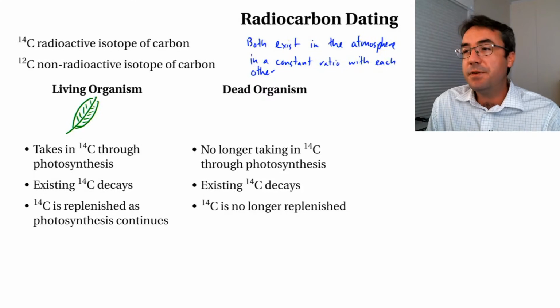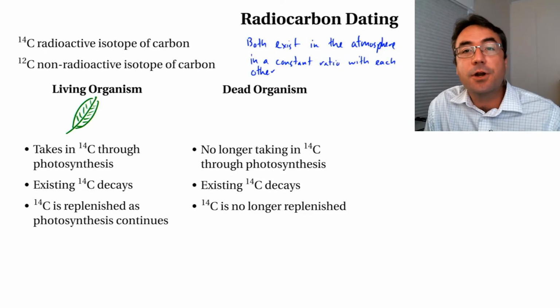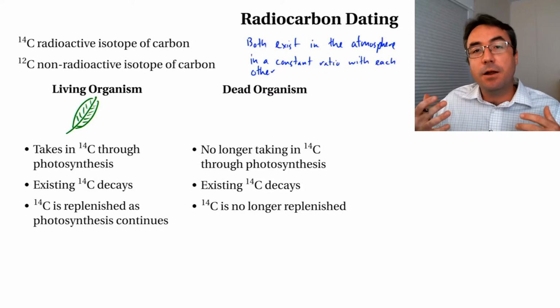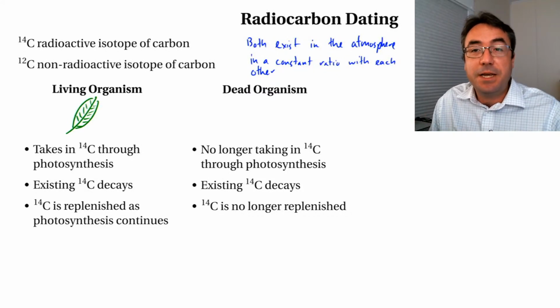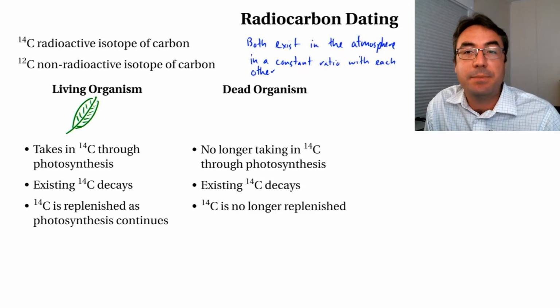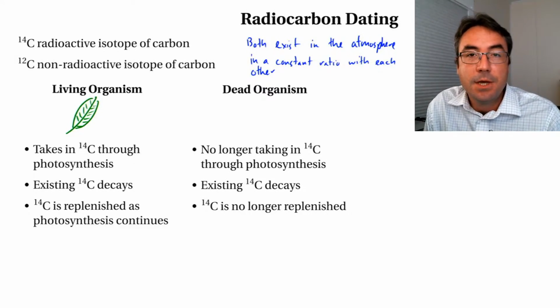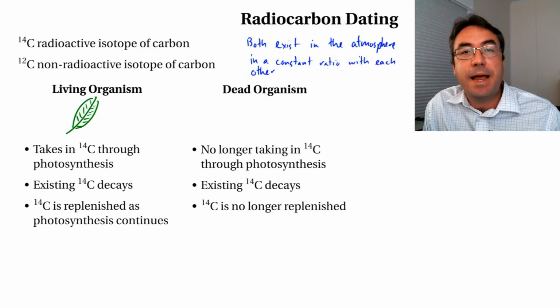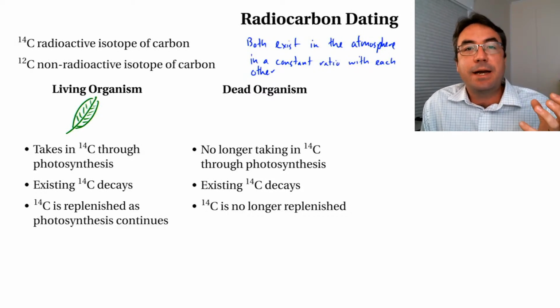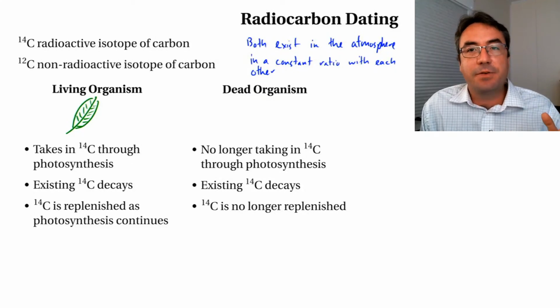And so we have this living plant that's undergoing photosynthesis, so it is taking in that carbon-14. And what happens is that carbon-14, through the photosynthesis process, becomes part of the actual plant material. So that living organism has this radioactive carbon-14 part of its material, part of its matter.